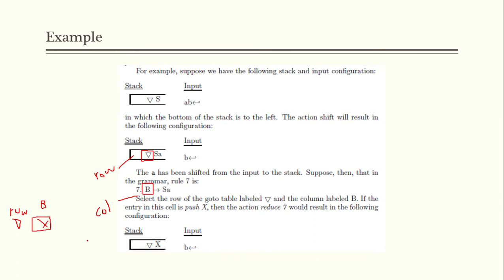Then the one that you should push into your stack will be X, meaning the information in the cell for start symbol and B. So you should push X inside.